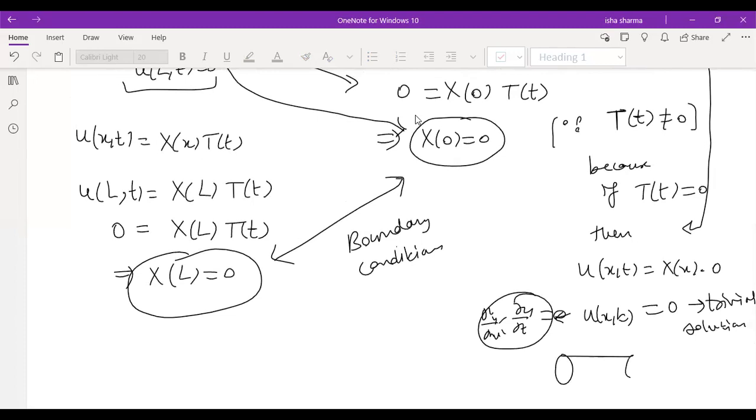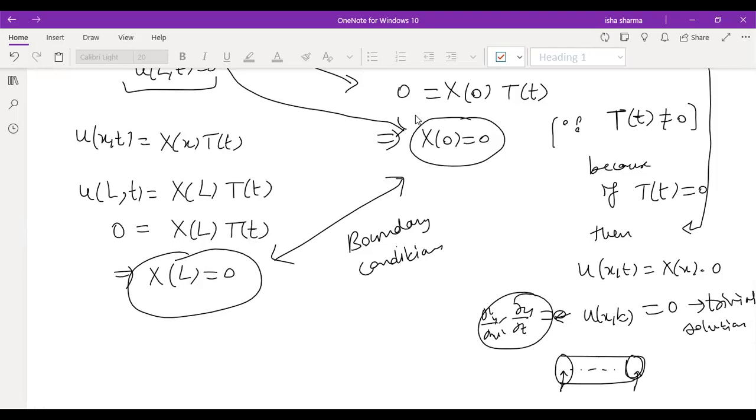So whatever you do with the rod initially, even if you give some temperature profile, initially some temperature should be given to you.